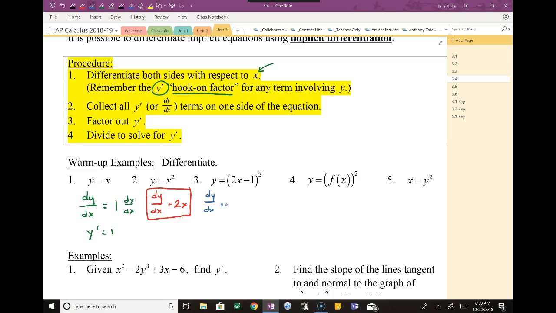So we can do a chain rule, where you throw the 2 out in front, leave the inside, and then multiply by the hook-on factor. So it's going to be the 2 out front. The quantity stays the same. What's my new exponent? To the first. And then what is the derivative of the inside? 2. If they said simplify, I would simplify it, but when it doesn't say simplify, I stop and I don't make any more mistakes.